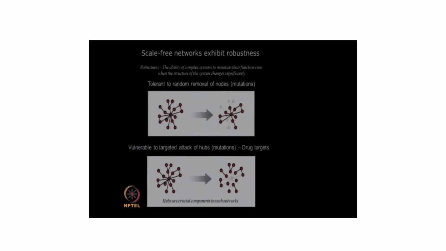This study is used for drug targeting as well. In this network, the middle one is the most essential one, interacting with each and everything. If this is interacting with this, it gets interacted with this, etc. So if you are targeting that specific part, it might affect the whole cycle itself.